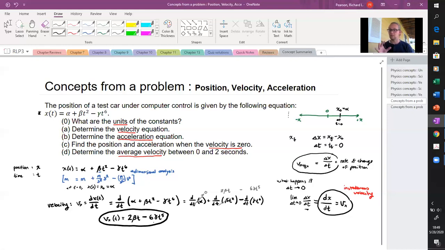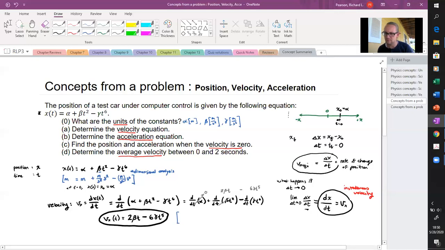Okay, now let's do another quick dimensional analysis on this, because we already know what the dimensions are for beta and gamma because we established them here. So let me write this out. Alpha has units of meters, beta has units of meters per second squared, and gamma has units of meters per seconds to the 6th. So if we come down here and do some unit analysis, velocity, can you tell what units velocity are in?